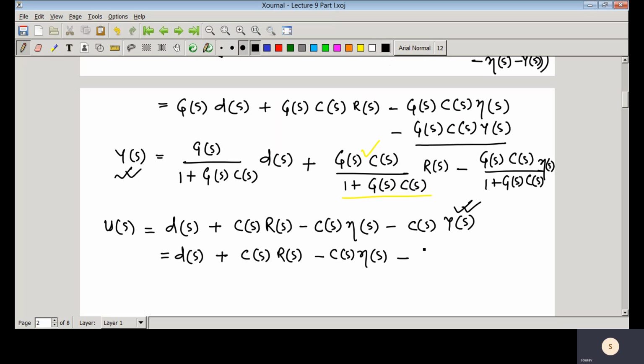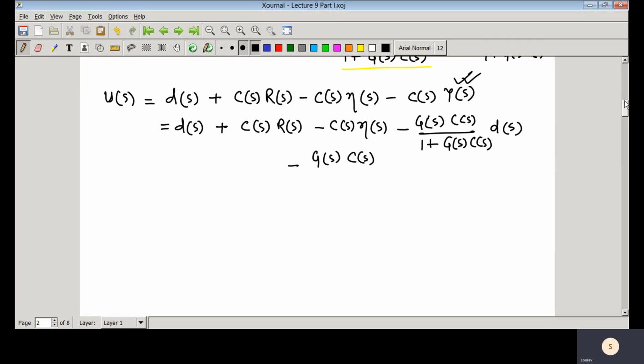Then you will get GSCS 1 plus GSCS DS minus GSCS, so that is CS, again CS, 1 plus GSCS to RS, and the last term is GSCS into CS.